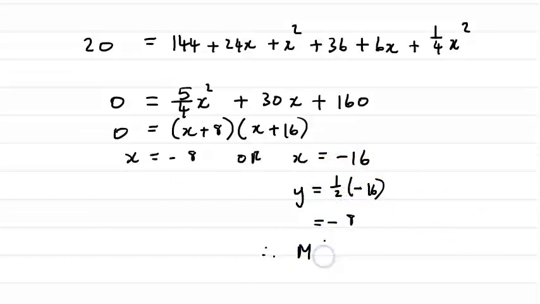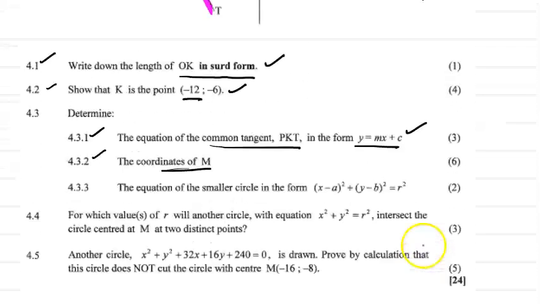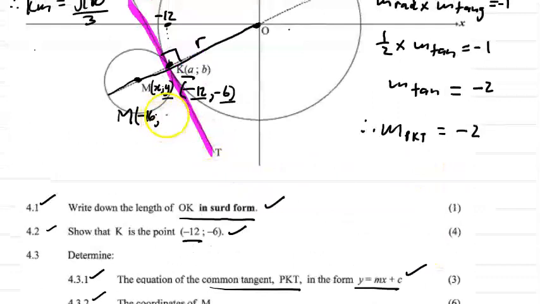Therefore M is going to be minus 16. The y value is minus 8. Okay, right. So that's that question done. So the coordinates of M is equal to minus 16 and minus 8. You can just write that.